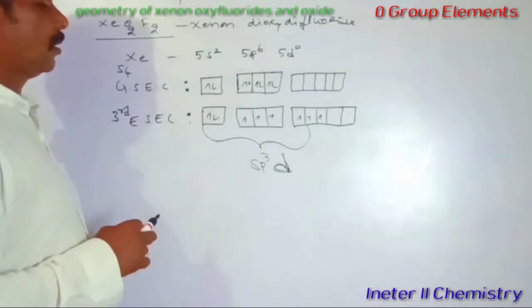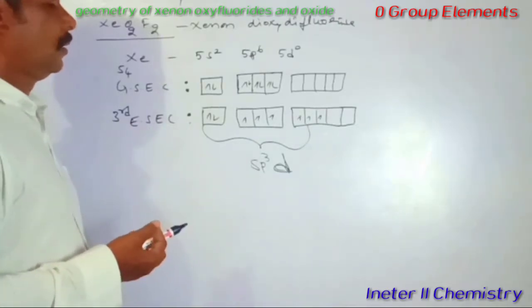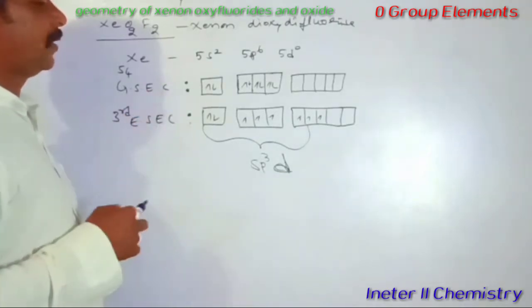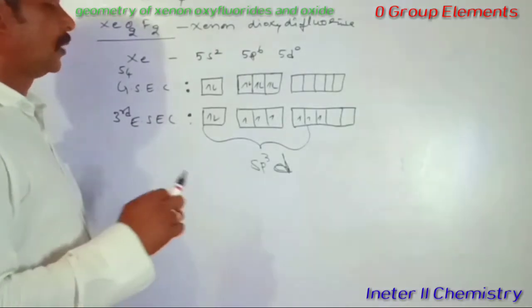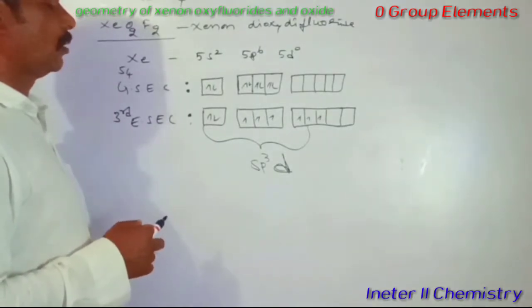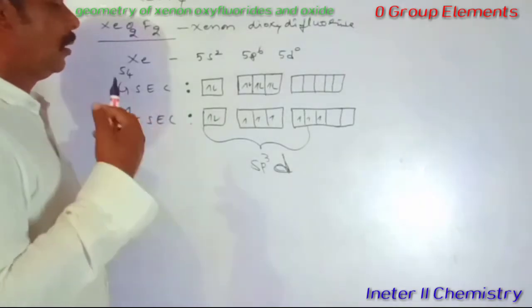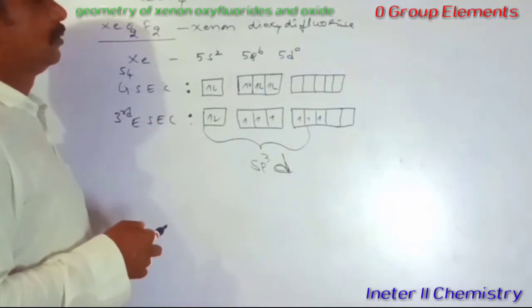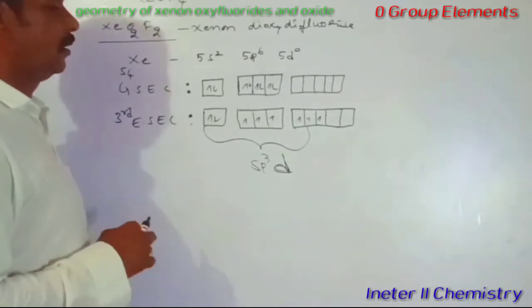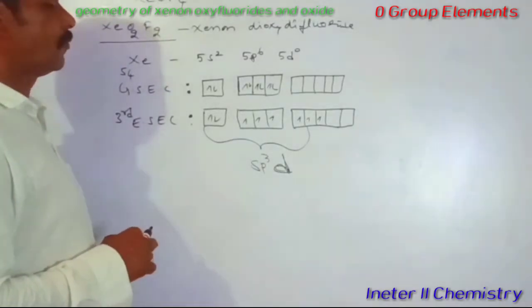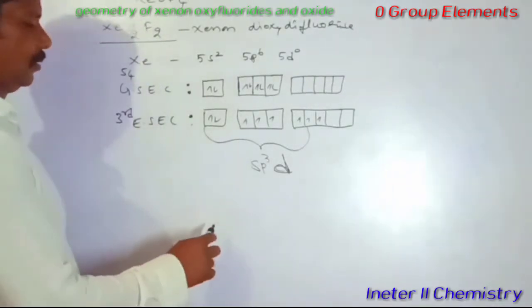The unpaired electrons of the sp3d orbitals of xenon overlap with the 2p-z orbitals of the 2 fluorine atoms separately, and the remaining 2 sp3d orbitals overlap with the 2p-z orbitals of the oxygens separately. Then totally how many sigma bonds are formed? Totally 4 sigma bonds are formed.